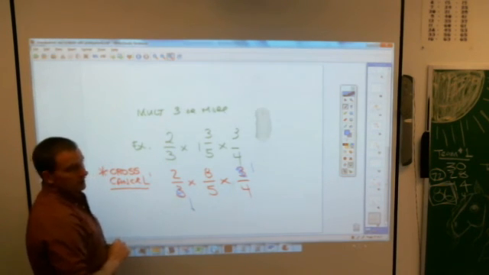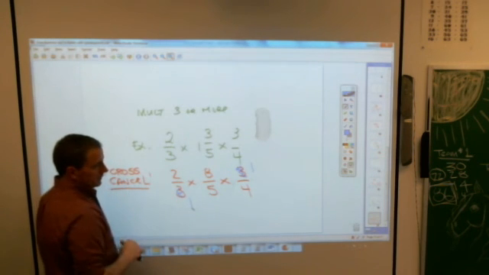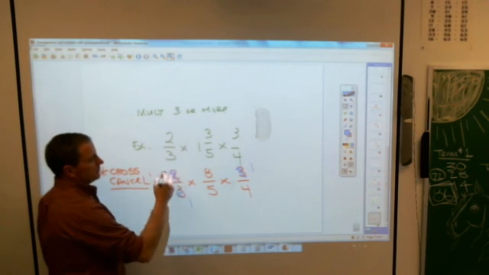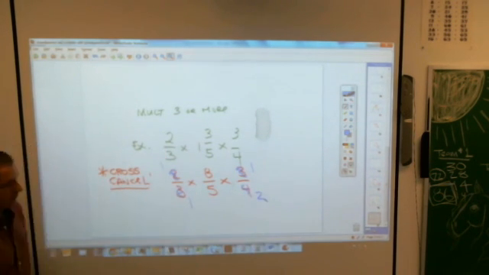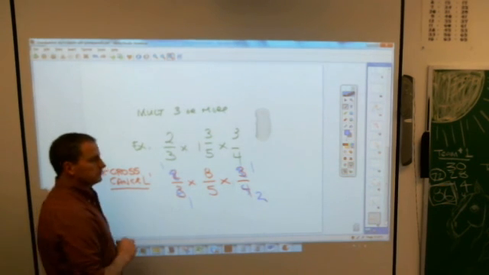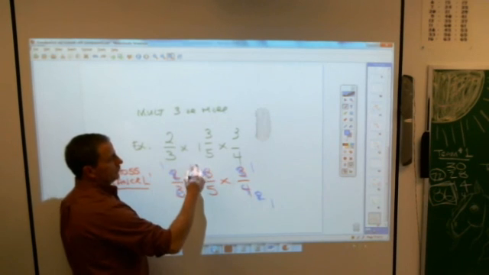What else can cross cancel? Connor? 2 to 1 and 4 to 2. 2 goes into 2 one time, 4 goes into 2 times. Still more? What else? Layton? 2 goes into 8. 2 goes into 2 once, into 8 4 times.